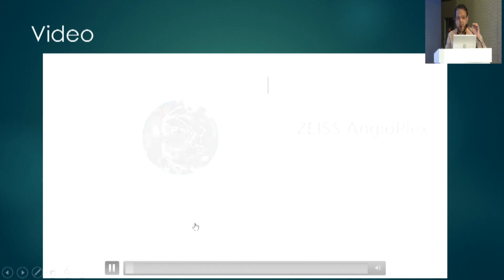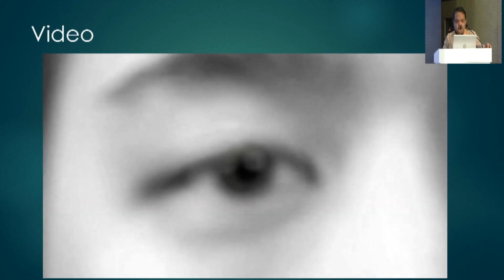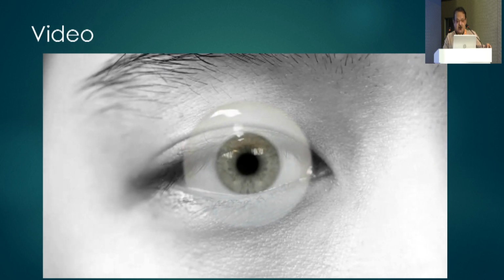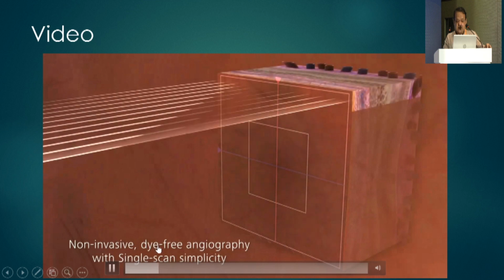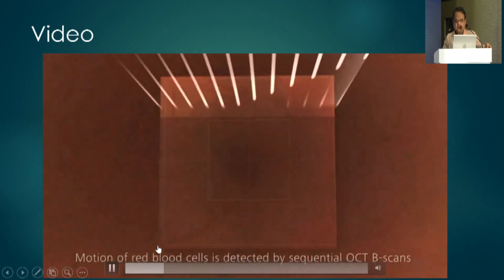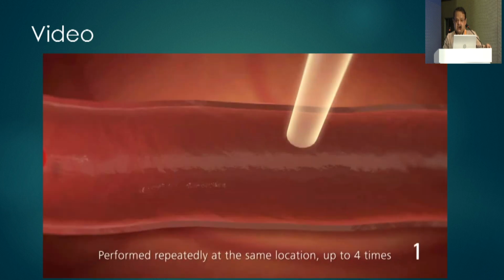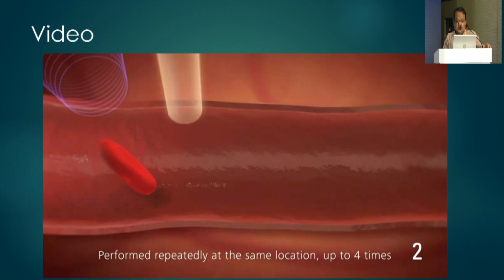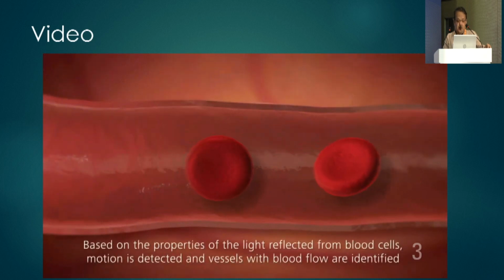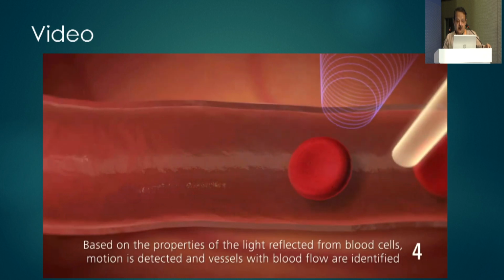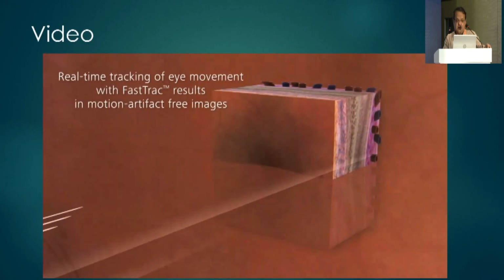This is a small video showing how OCT angio is done. Since I have a Zeiss Angioplex 6000, it's a non-invasive, dye-free, single scan. Motion of red blood cells is detected by sequential OCTs. Based on the properties of light reflected from red blood cells, motion is detected and vessels with blood flow are detected.